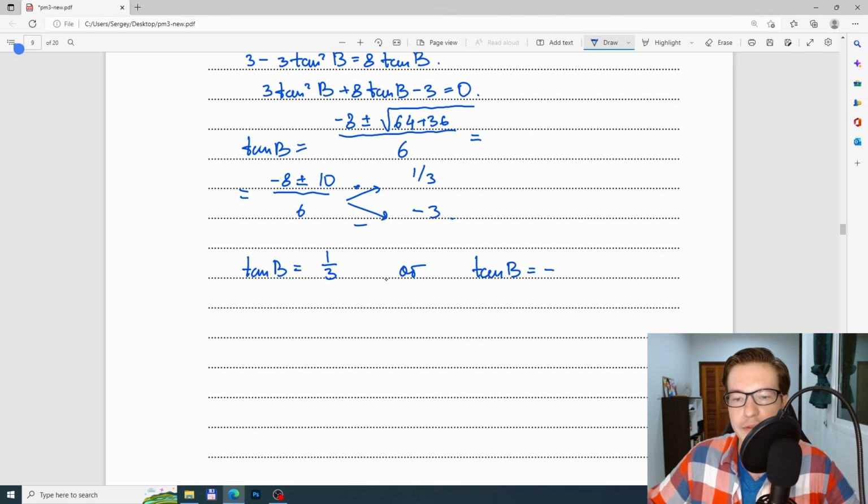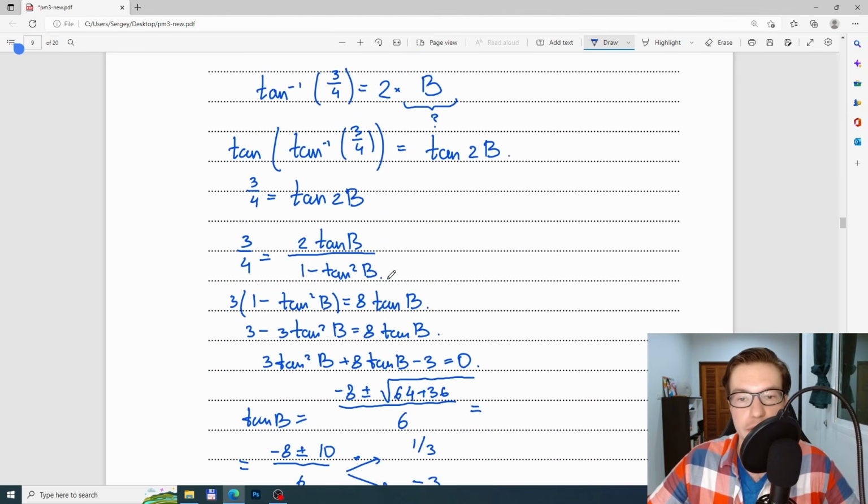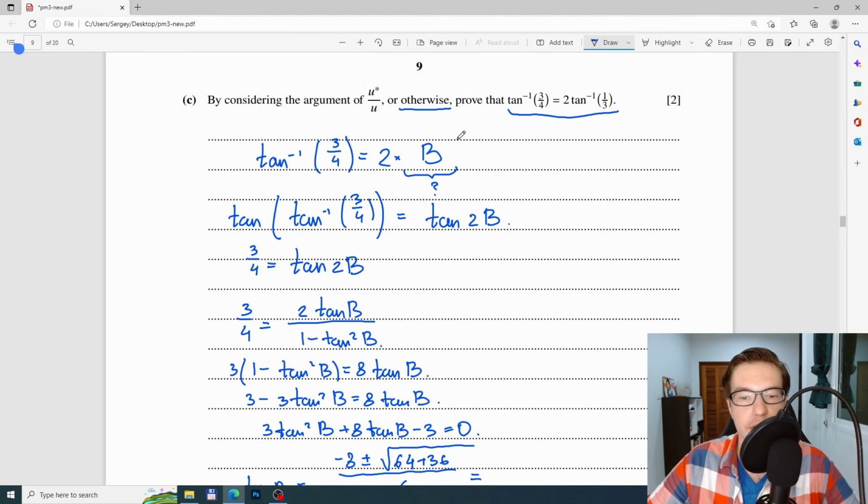Now, let's have a look at the beginning of the question. I was going to find out what b is in such a way that the inverse tangent of 3 over 4 equals 2 times b. Okay, now the inverse tangent of 3 over 4 is positive, and so is 2.